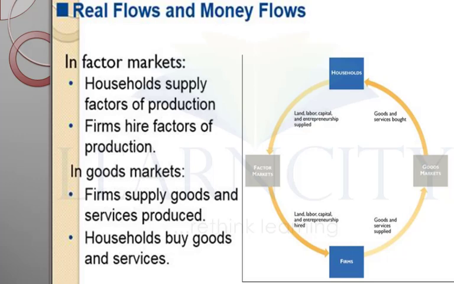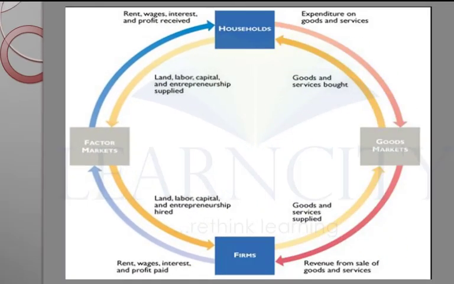All right. The next diagram is more elaborate because it also shows a clockwise movement of income in the form of rent, wages, interest, and profit moving from the firms to the households, and it then shows expenditure on goods and services for the products that they purchase, moving from the households back to the firms.